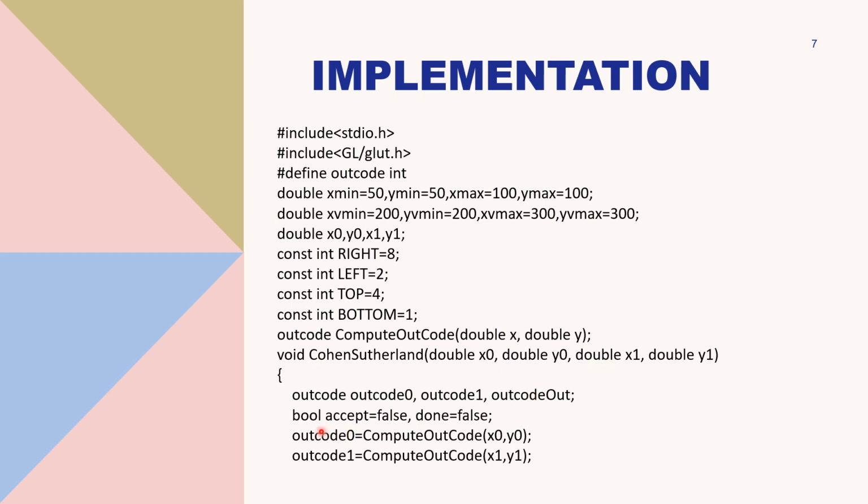Then we are going to initialize the boolean value accept as false and the done value also as false, and we are going to initialize outcode0 using the value returned by the compute outcode function, and also outcode1 with the value returned by the compute outcode function.